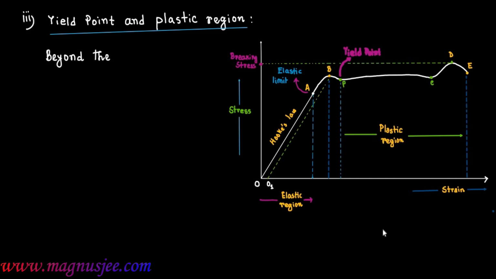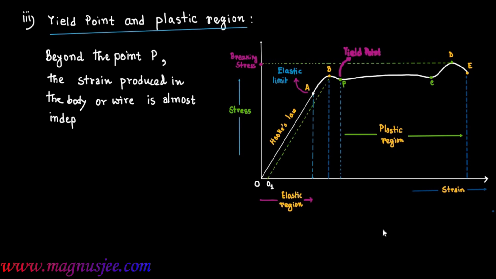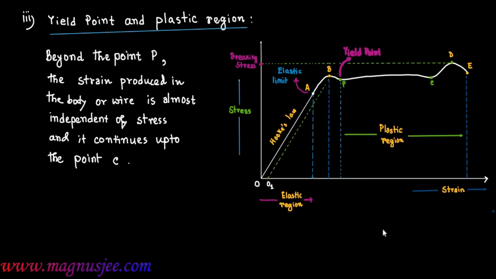Beyond the point P on the stress-strain graph, the strain produced in the wire or in the body is almost independent of stress, and it continues up to the point C.